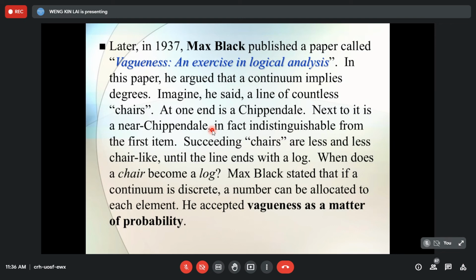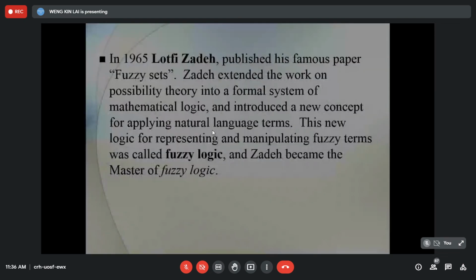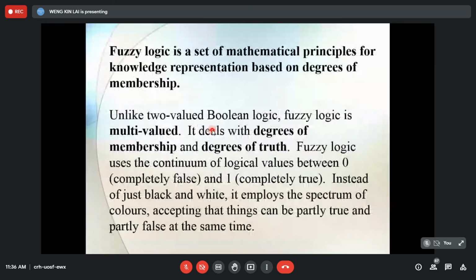So it can be both right and wrong, right? This is what it basically means. Partly true and partly false at the same time. So this is what you call degrees of membership and degrees of truth. It's no longer just true or false.